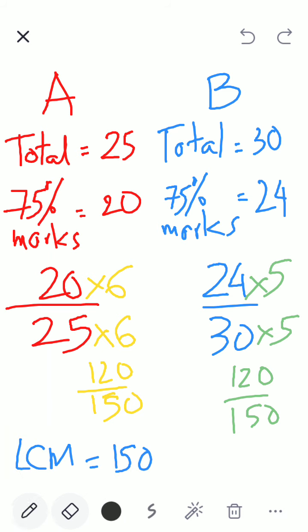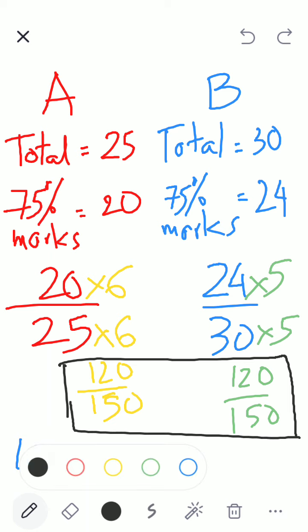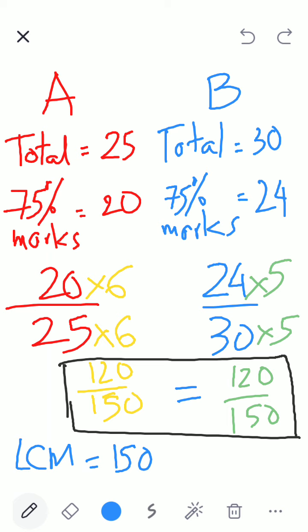So these two fractions are equal. So in both the classes, the fraction of number of children getting 75% marks was equal. 120 by 150, 120 by 150. Understood, children?